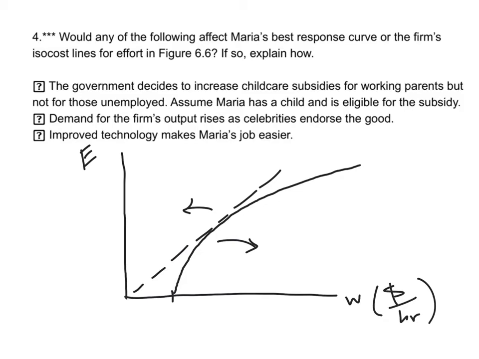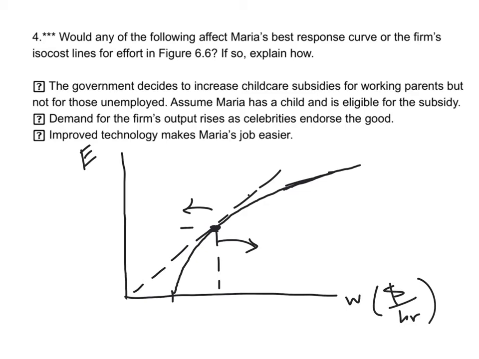So anyway, the least cost way to get the work desired is where the isocost line is tangent to the worker response function. So the firm's objective here is to minimize costs subject to this constraint posed by the worker's willingness to put out effort.